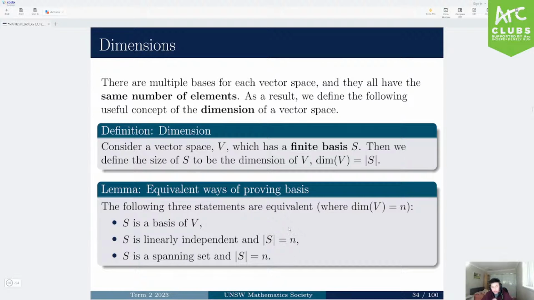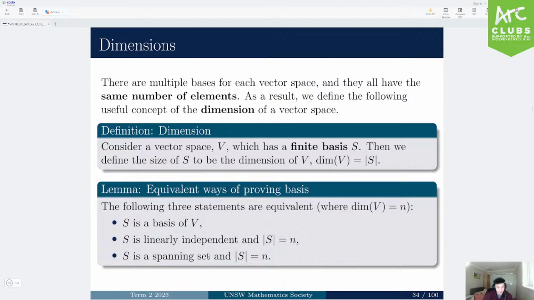So in a lot of cases, suppose you know the dimension of some vector space to be, for example, 3, and they've given us a set S with 3 elements in it. If they ask us to prove that that set is a basis for V, because we already know that the size of S is 3 and that equals the dimension of the vector space, we only have to prove that S is either linearly independent or S is a spanning set.